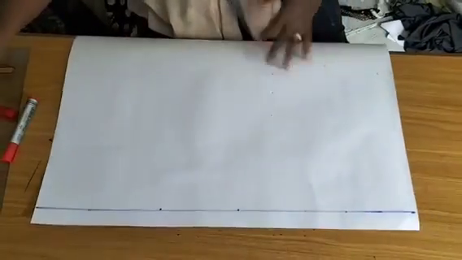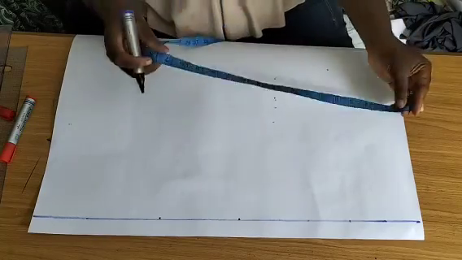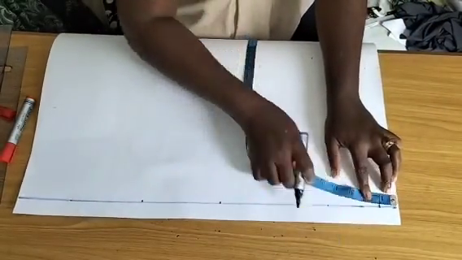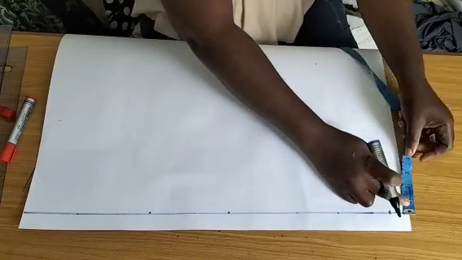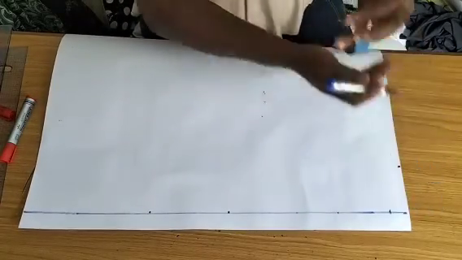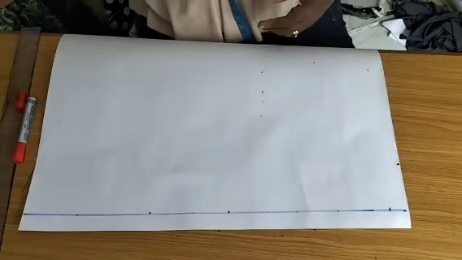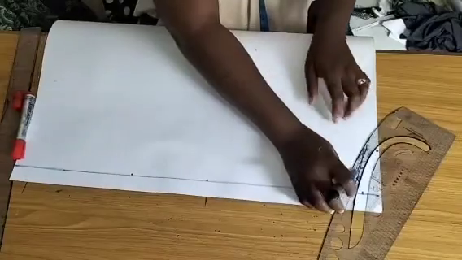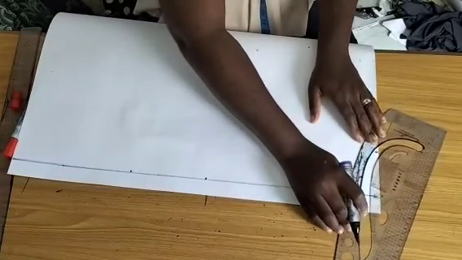So I'm going to create my neckline for the back, which is 1 inch, and my natural neckline, which I did bust divide by 12. And here I'm going to connect my neckline.